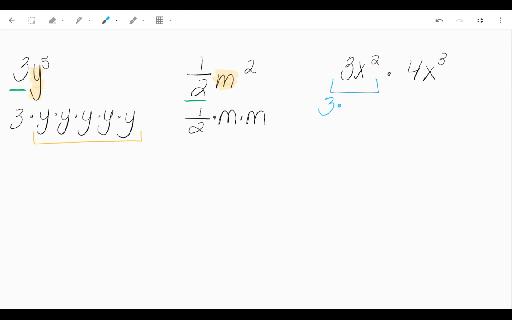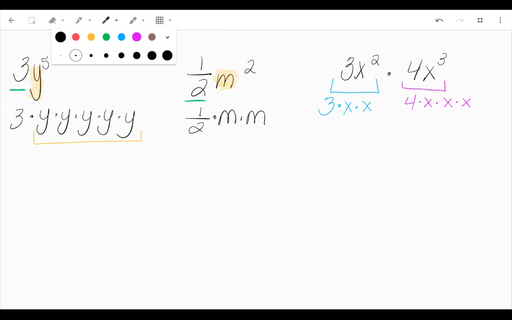So that's 3 times x times x. Now if I look at the next part, I have 4 as my coefficient, and I have x to the 3rd power. So times x times x times x. And both of those are being multiplied together.